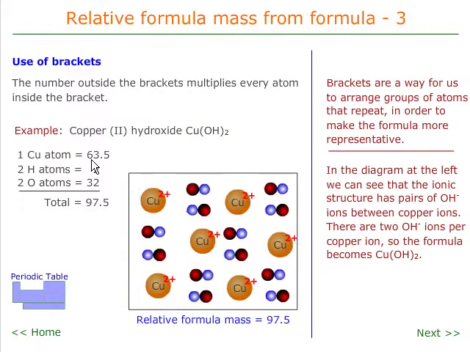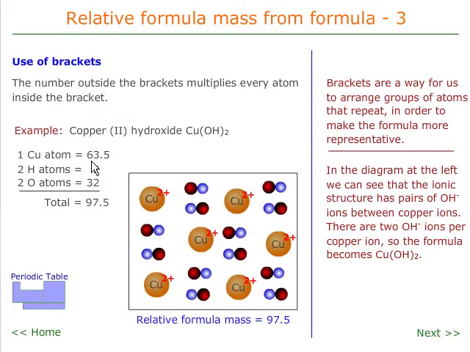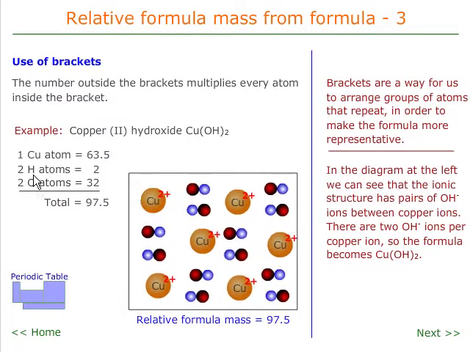So 1 copper atom has a mass of 63.5, 2 hydrogen atoms have a mass of 2, and 2 oxygen atoms have a mass of 32. The total of all the masses is 97.5, and so the relative formula mass of copper hydroxide is 97.5.